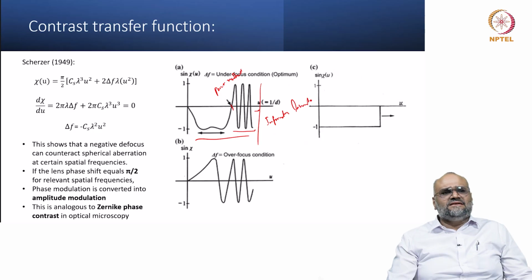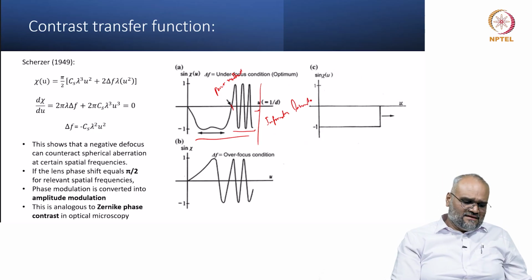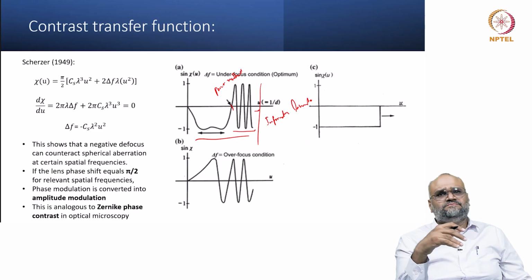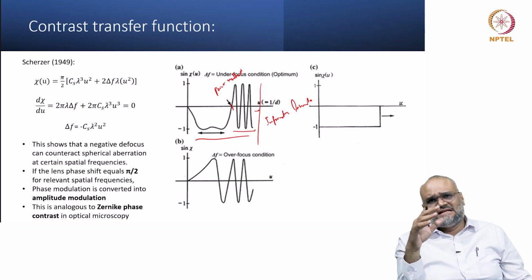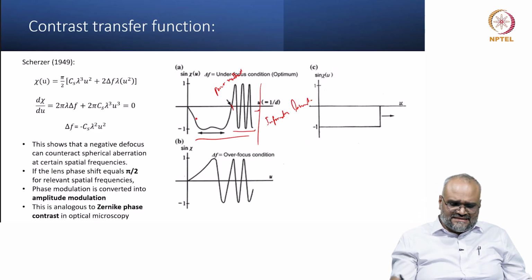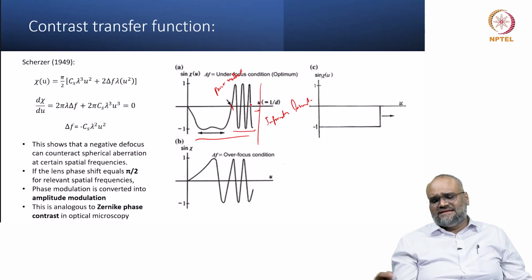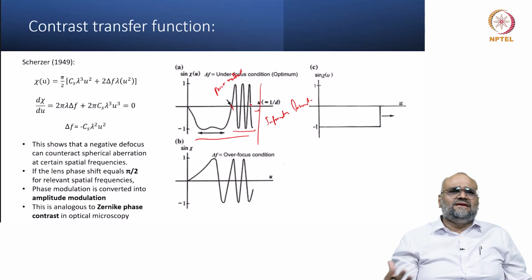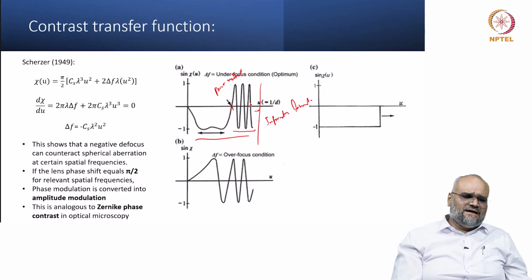And by changing the defocus, and also depending on the thickness of the specimen, the intensity that you record or the phase shift that is caused is what gives you the contrast in the high resolution micrographs.